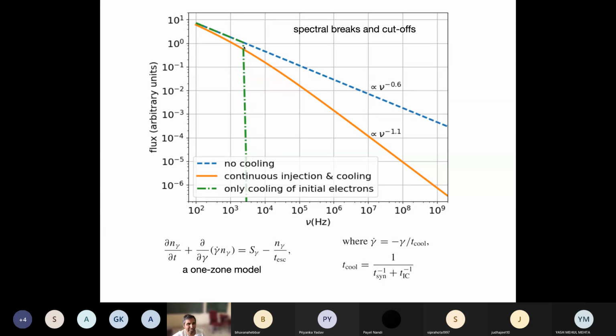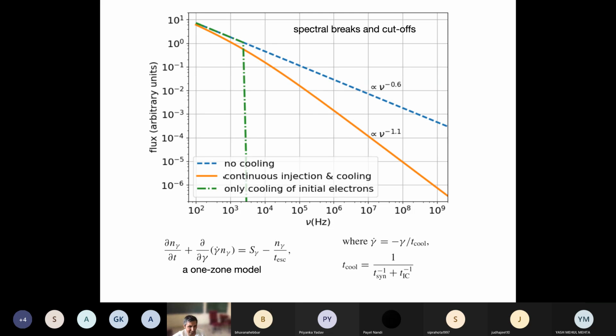So at T equals TH, you don't have anything at higher frequencies, electrons at higher gamma, which have a cooling time shorter than the age of the system. This is the first scenario where you had injection at T equal to 0 and no continuous injection.